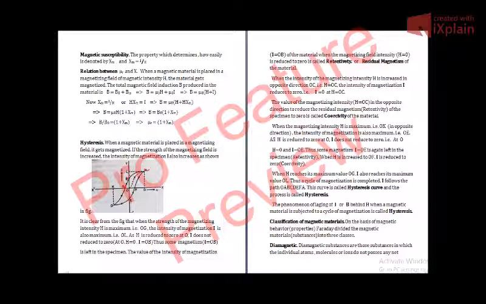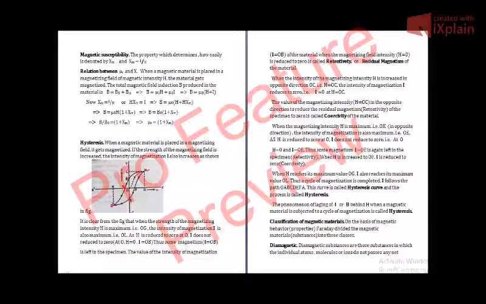You can see at point D, the intensity of magnetization, that is OE, that is equal to I, and the intensity of magnetizing field OK is also maximum. So when the intensity of magnetization is maximum, the magnetizing intensity H is also maximum.